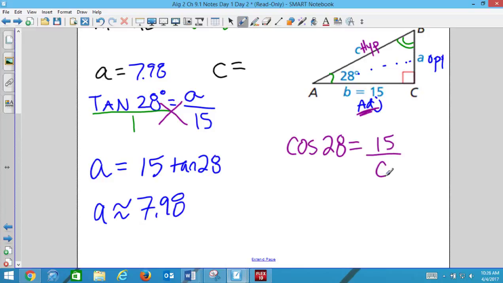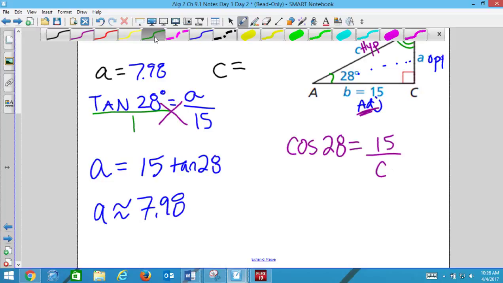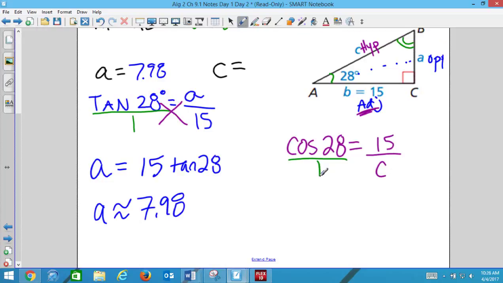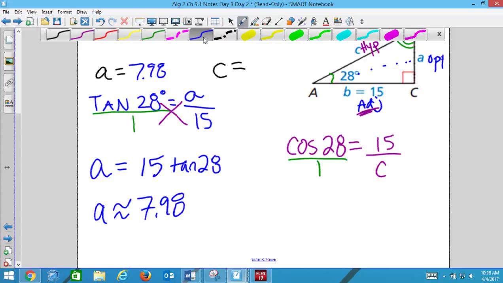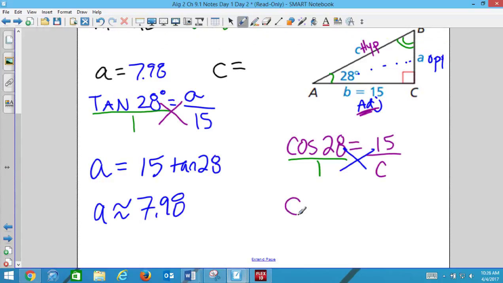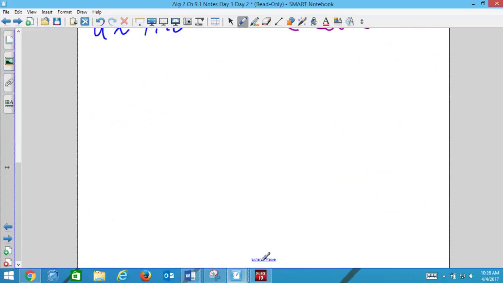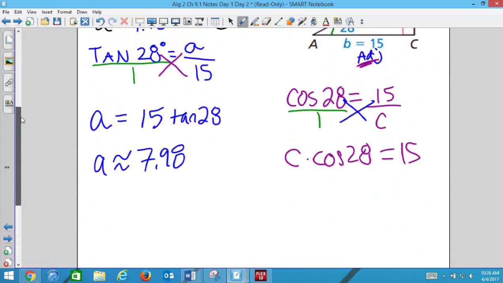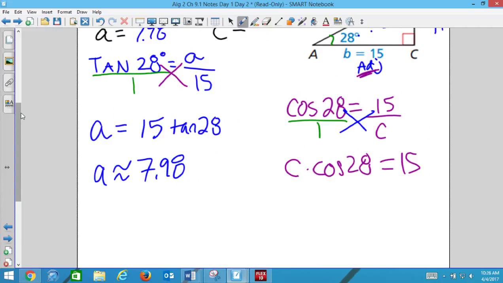And then we're going to put cosine 28 over 1 because I don't know what it is. And we're going to cross multiply. When I cross multiply, I get c multiplied by cosine 28 equals 15. So C is not by itself.